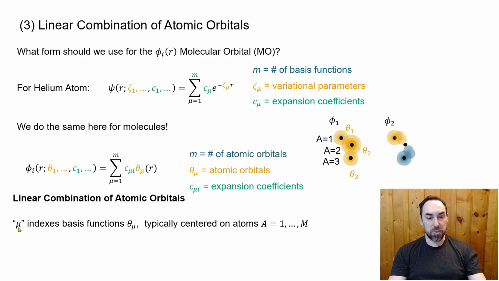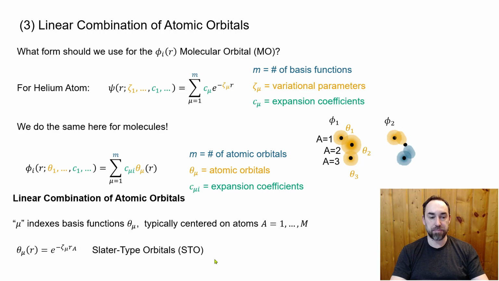So to summarize what we have seen here, we have mu that are indices of basis functions theta mu, which again are atomic orbitals, typically centered on atoms 1, 2, and 3. So these mu's don't stay on just one atom. They span all of the atoms in your system.